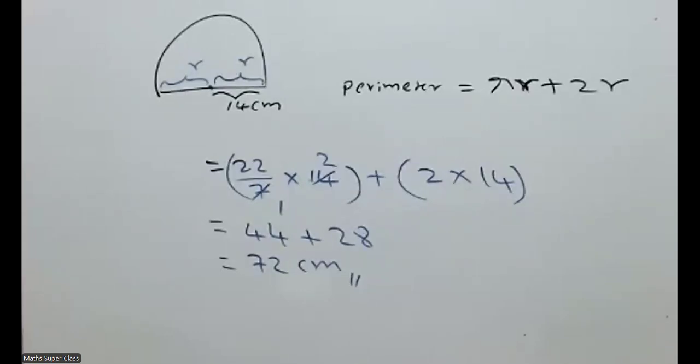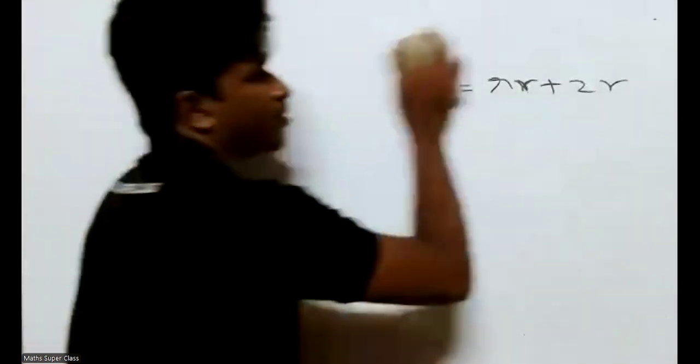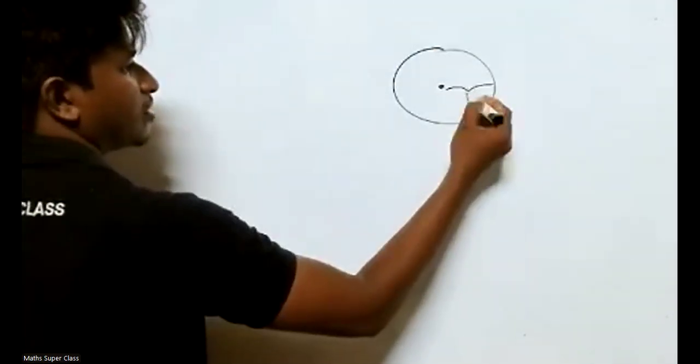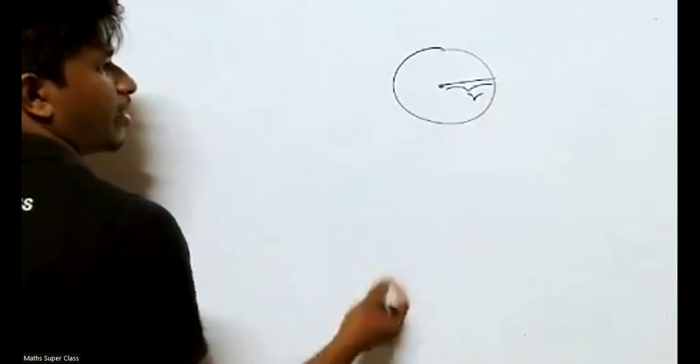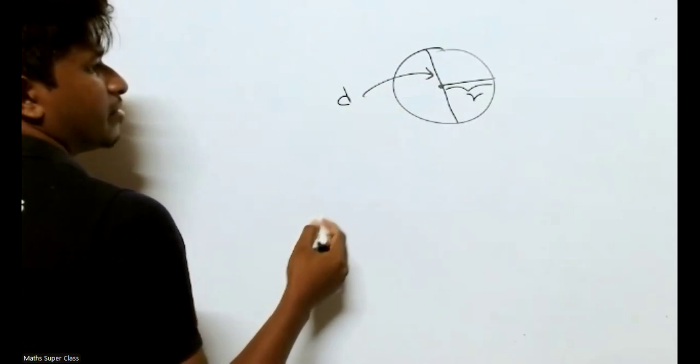Okay. So today, what did we learn? We learned about the perimeter, or circumference, of the circle. This is the center, and this is the radius r. This is the diameter.